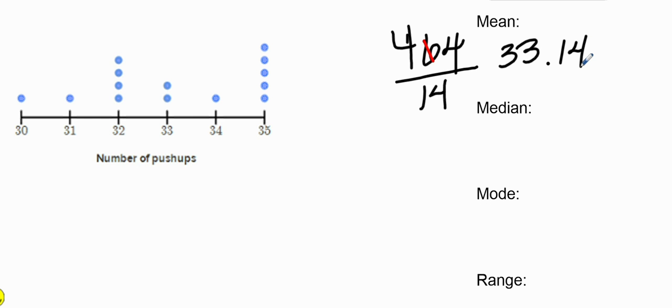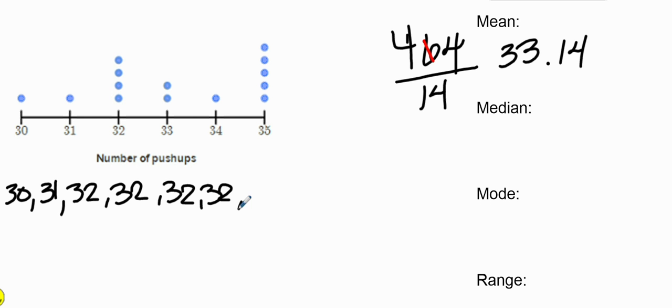Now for median, I need to put my numbers in order from least to greatest. So I'm going to start, I have 30, 31. Again, there's four 32s, so I'm going to write 32 4 times. 33 twice. 34 and 35 5 times.